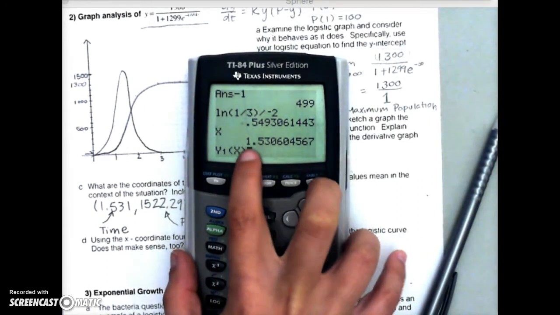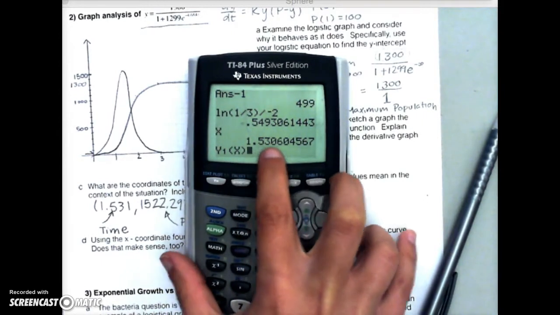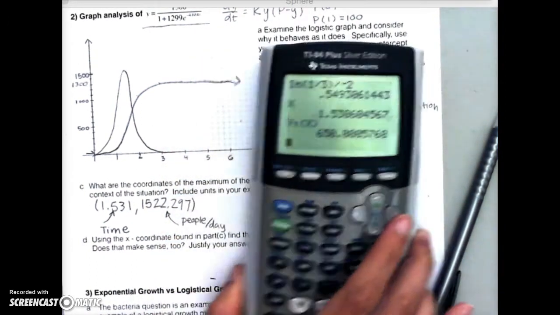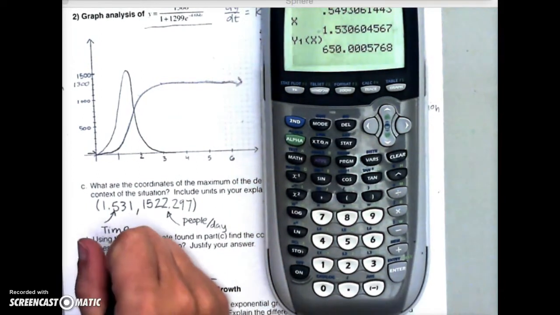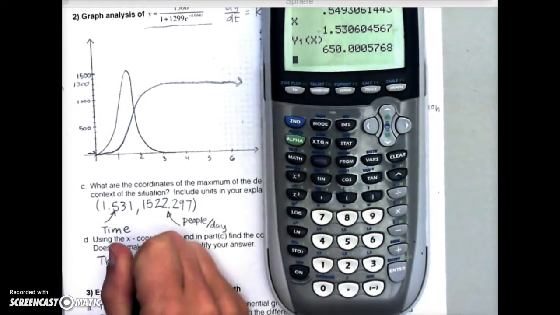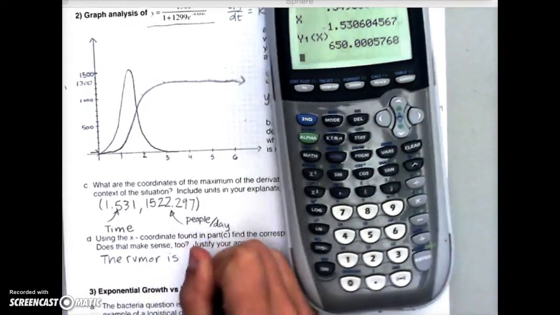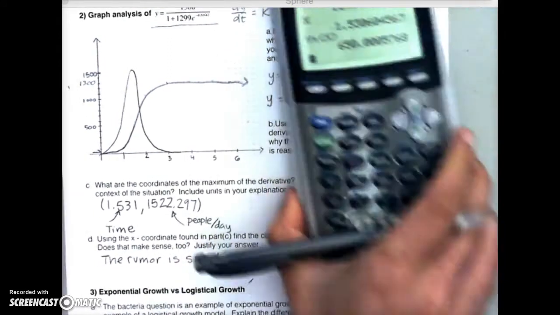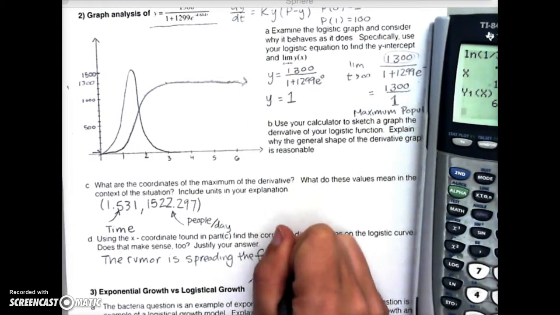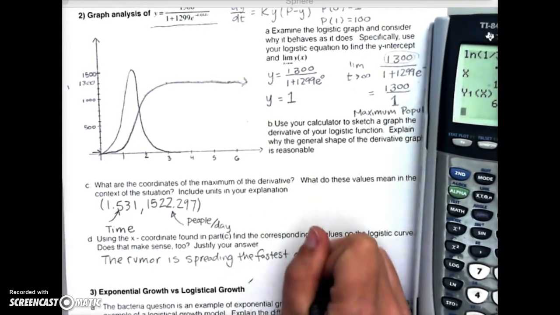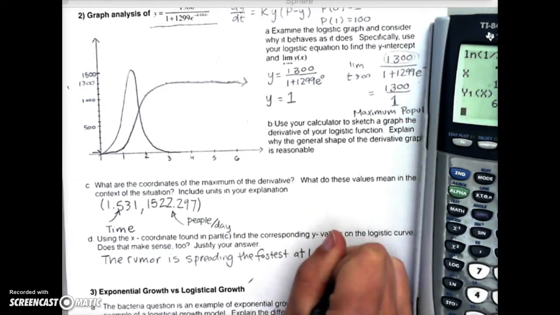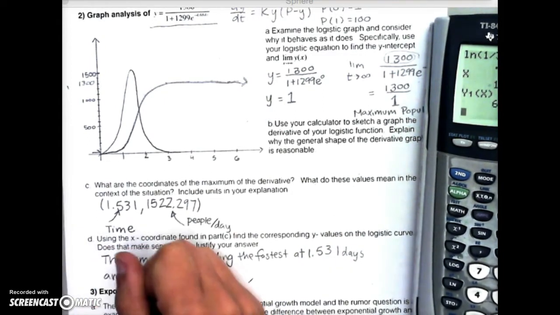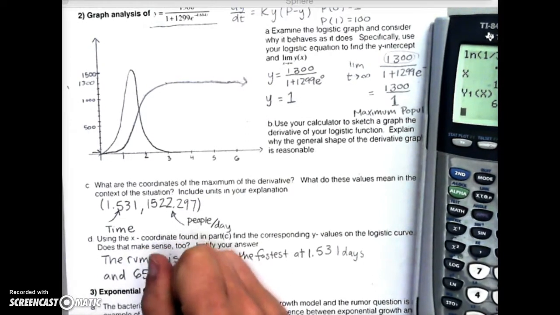Your calculator is plugging 1.531 into our first function, and we end up with the rumor spreading the fastest at 1.531 days and 650 people have heard the rumor.